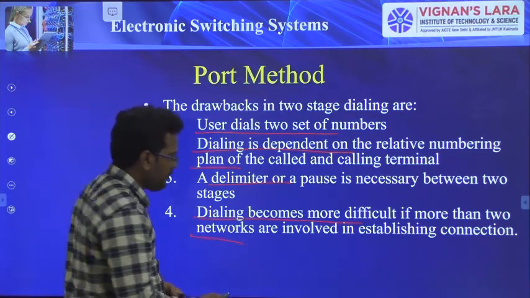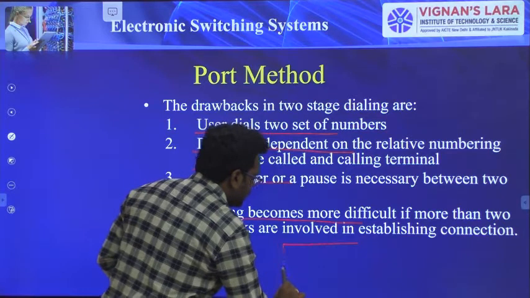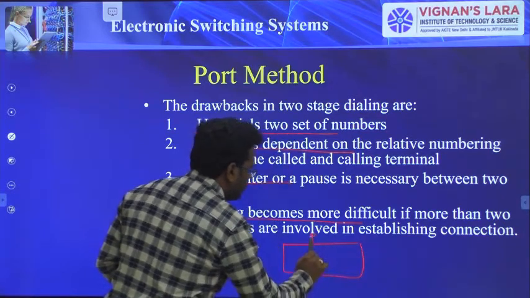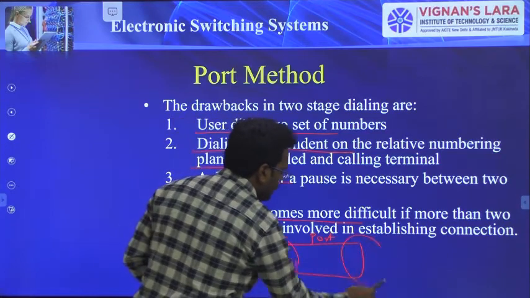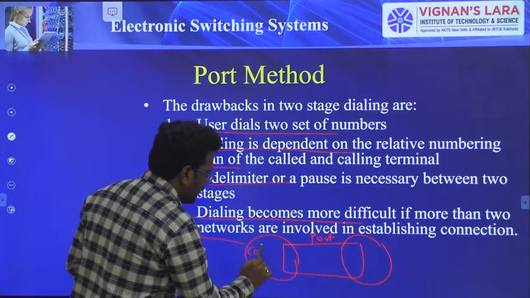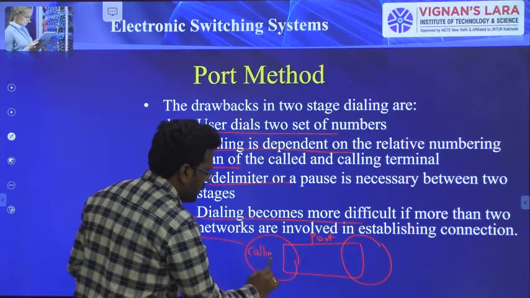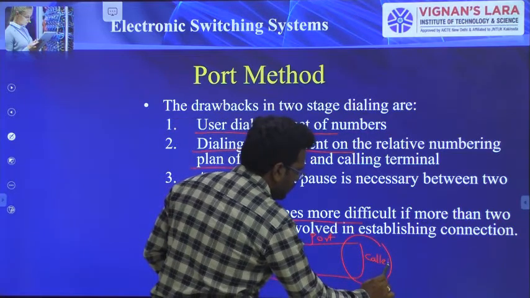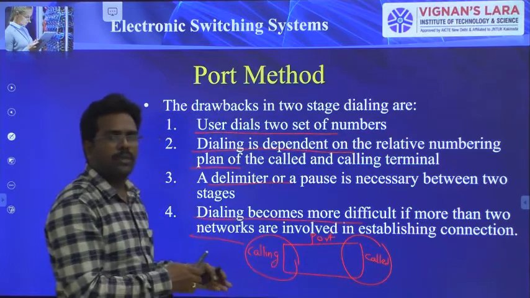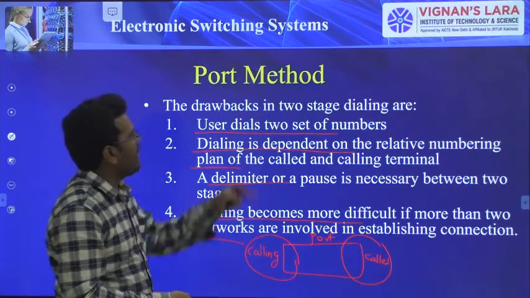You can write it like this also. This is a port, and it is connected to the first one, and this is the second one. This is the calling subscriber, and this is the called subscriber. We call the interface between the two or three networks a port, hence the name port method.